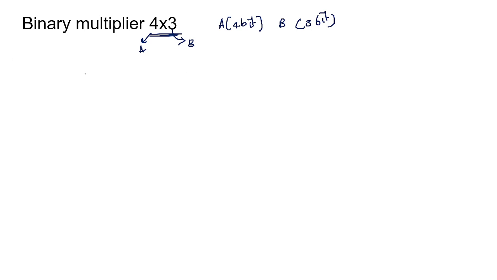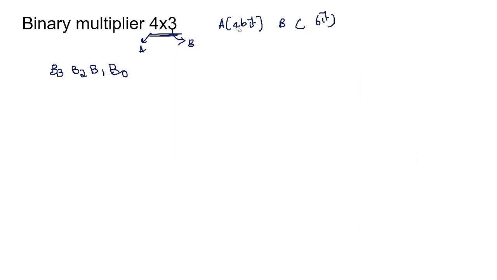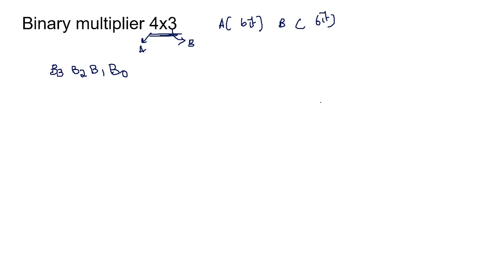So the same way I will directly multiply B3, B2, B1. Let me take it on this side: B to be 4 bit and then A to be 3 bit. So I have A2, A1 and A0.